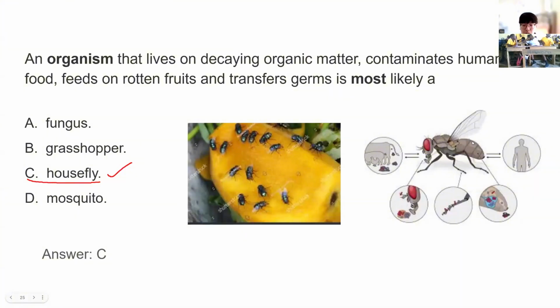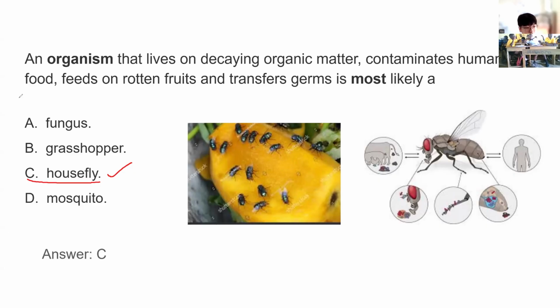So these are the houseflies, and houseflies are usually the ones that live on decaying organic matter, and they often contaminate human food, and they feed on rotten fruits and transfer germs to humans and other animals. So they are a source of transferring germs.